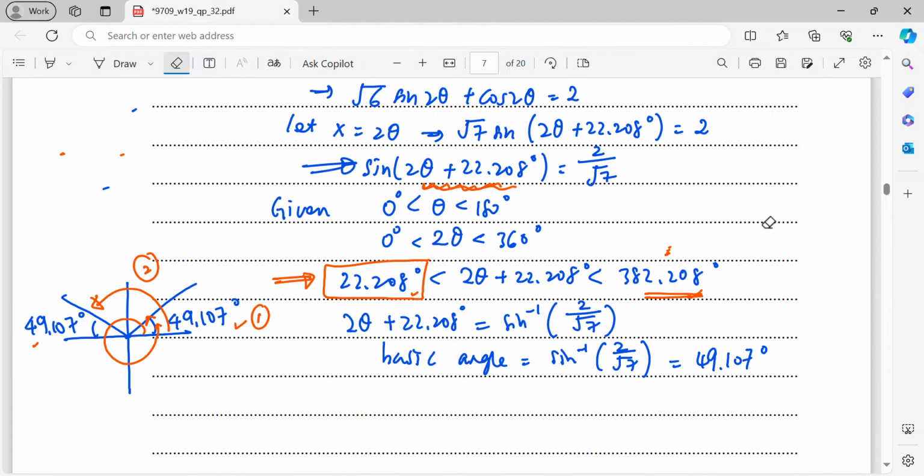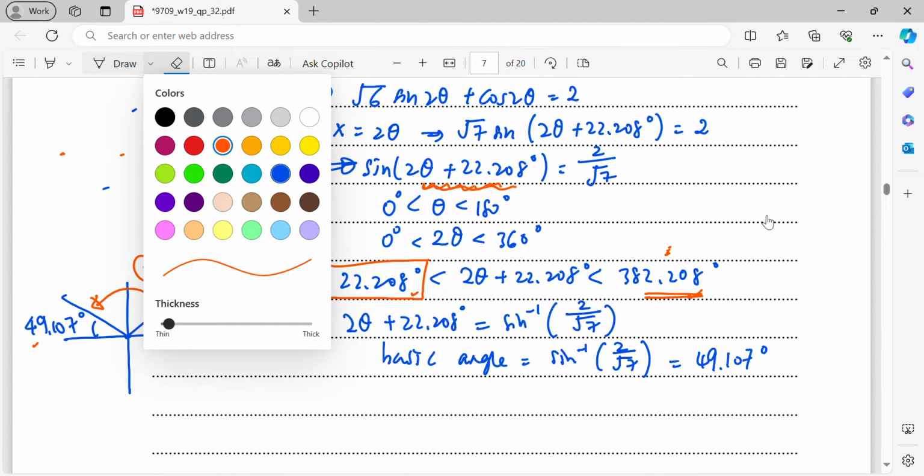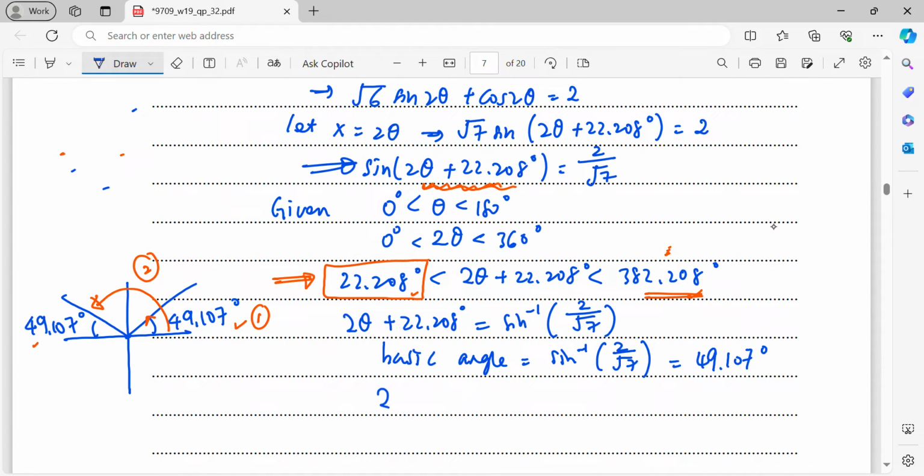Okay, so forget about this. Alright, therefore, your angle 2 theta plus 22.208 degrees will be 49.107 degrees, and then 180 degrees minus 49.107 degrees. Then you will be getting 49.107 degrees, and the other one is 130.893 degrees.